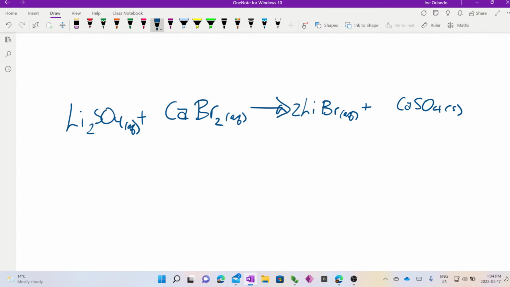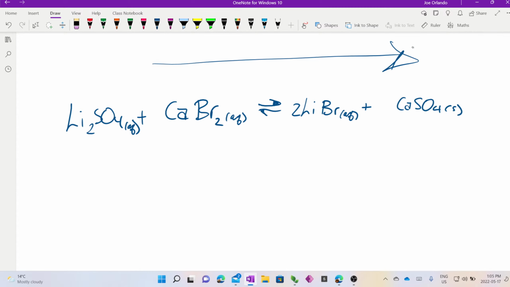Very good. All right. And then we'll say this actually exists, and this is true, in a state of dynamic equilibrium. Which means at some point, not only will lithium sulfate react with calcium bromide, but to some extent, lithium bromide will react with calcium sulfate. Now, as it happens, this is an equilibrium that is heavily favored to the right.